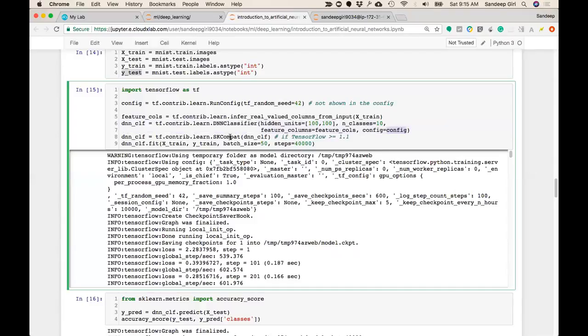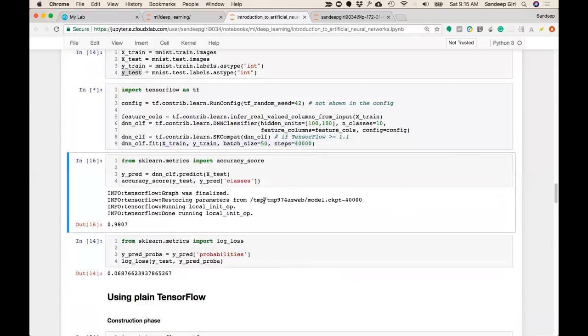This is telling TensorFlow that we want it to be scikit-learn compatible. So it's kind of a wrapper over the TensorFlow class. Next, just like scikit-learn, we are calling classifier dot fit. This will basically train the neural network.